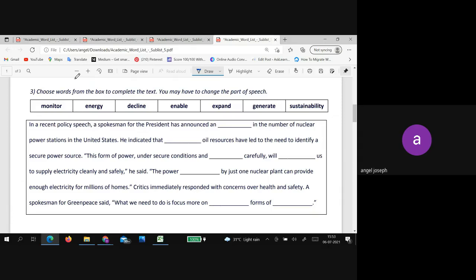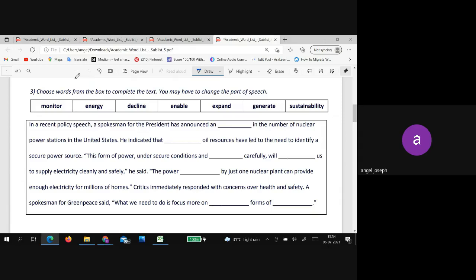Next is enable. Enable is to make someone capable of something. I have enabled you with all these exercises. Your job is to practice them. So what did I do? I gave you something to become capable. I have enabled you.